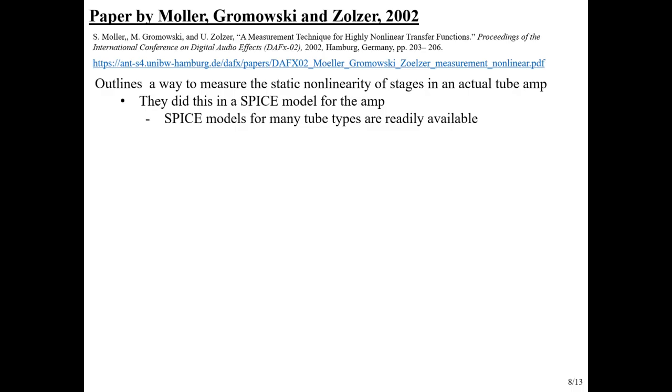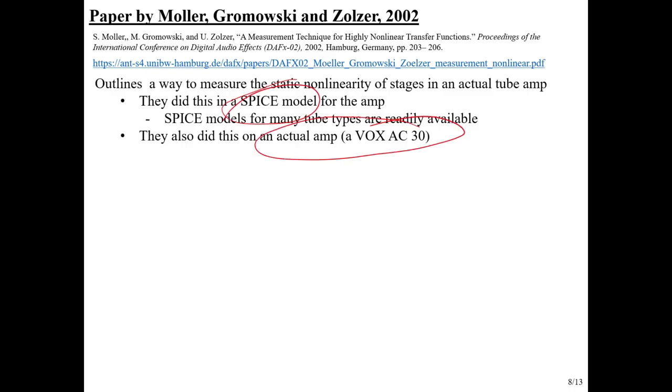So I think it's similar along those lines, but I don't want to get into the method. I want to look at the result. So they did this first on a SPICE model, and then they did it on an actual amp, which was a Vox AC30, famous amplifier.